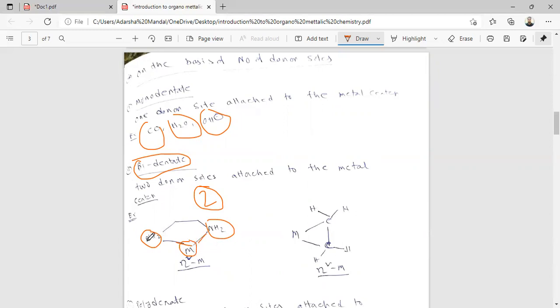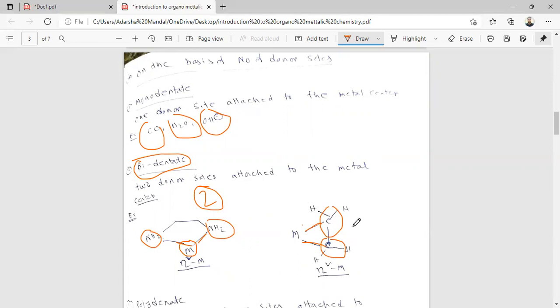So here it is a bidentate ligand system. Another one is the ethyne molecule. It has two carbon atoms, so it will donate to the metal center via these two carbon atoms. So it is also a bidentate ligand system.